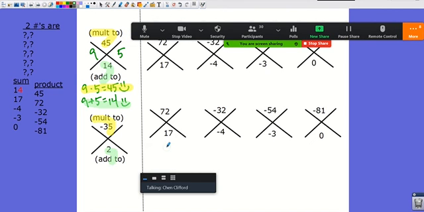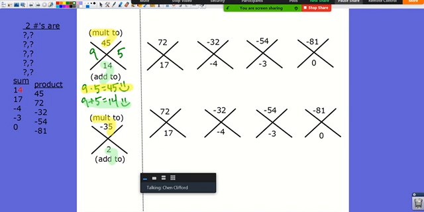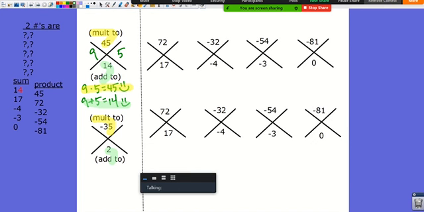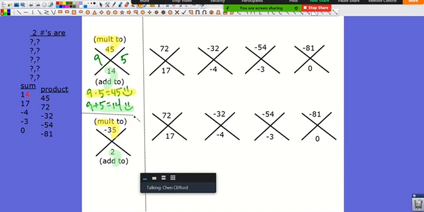All right. Now, go ahead and DM me and let me know two numbers that multiply to negative 35 and add up to 2. Go ahead and just private message me.